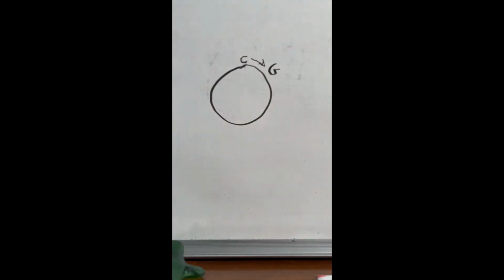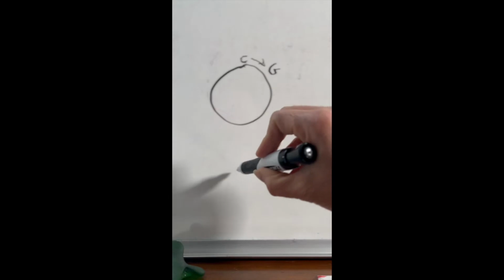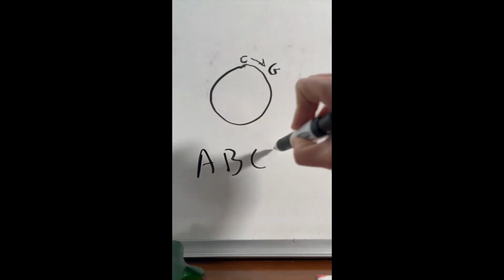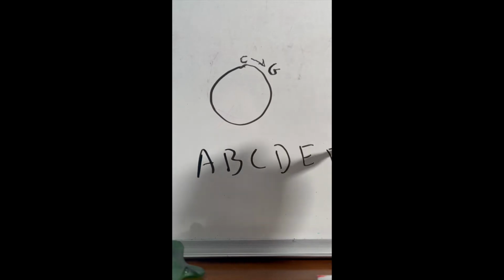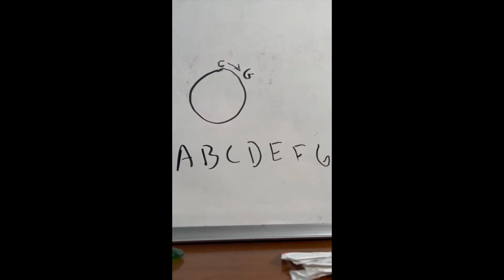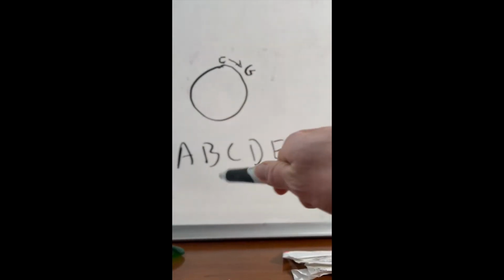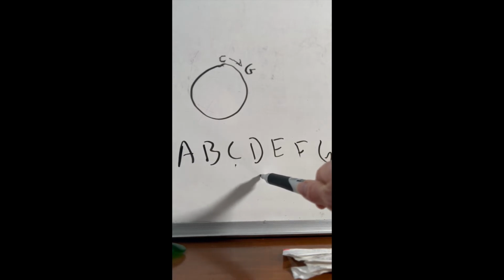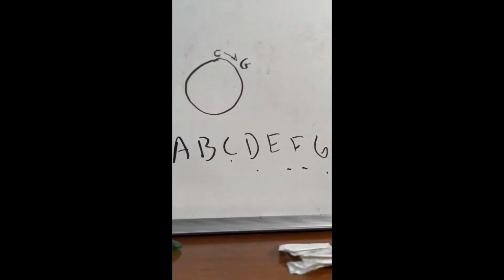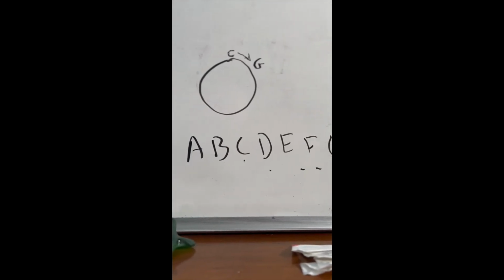And the reason why that is, if I look at my musical alphabet, for instance, A, B, C, D, E, F, and G. If that's my musical alphabet, if I counted from C, so 1, 2, 3, 4, 5, G is 5 notes away from C. So it would be next in my circle of fifths.